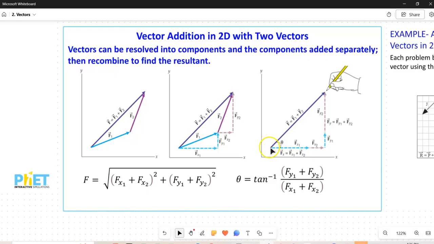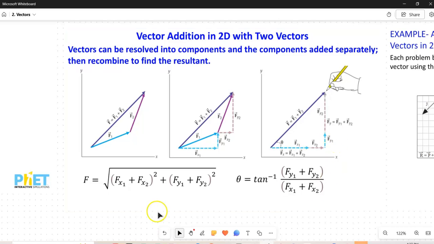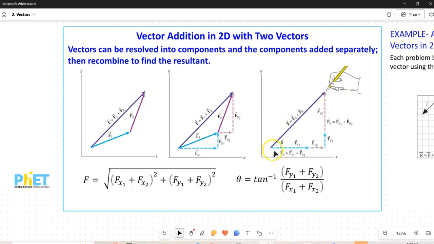Then the resultant vector is the same vector as F1 plus F2. Now, if you wanted to get the overall length as a number, you have to use Pythagorean's theorem, which is c squared equals a squared plus b squared.